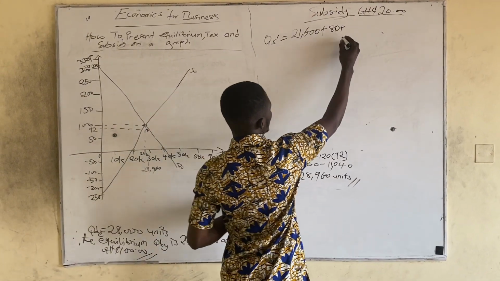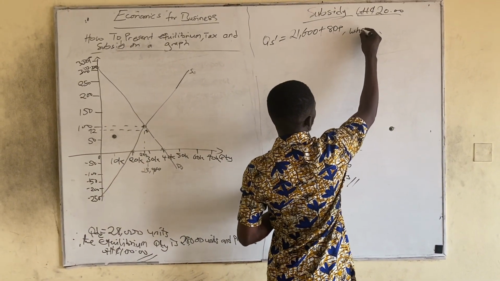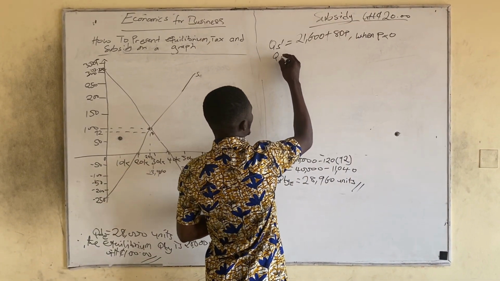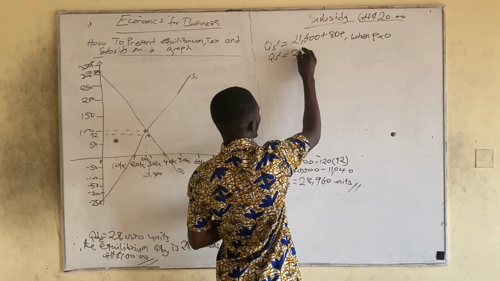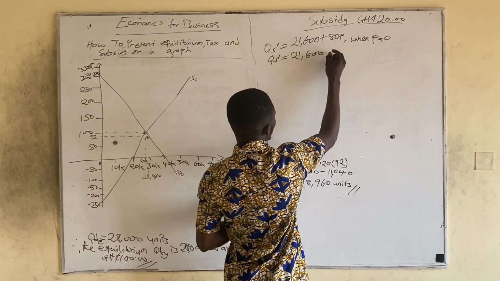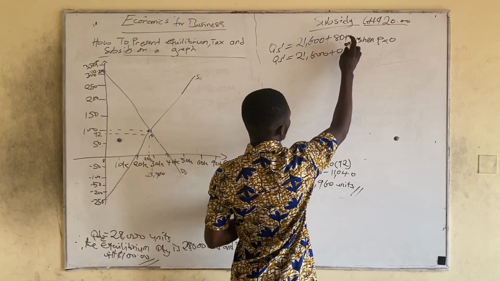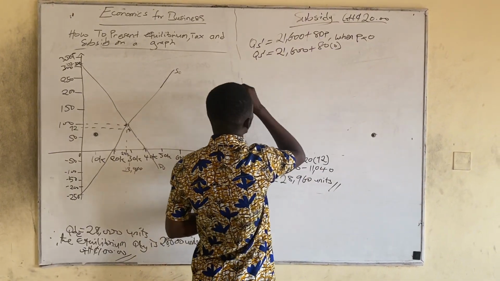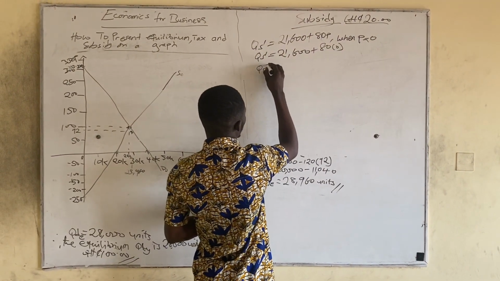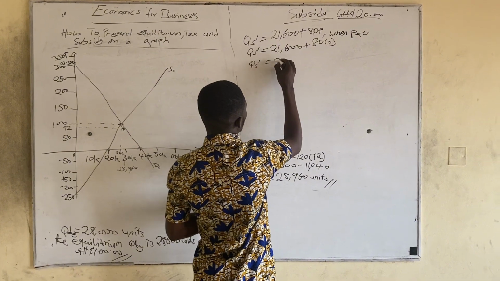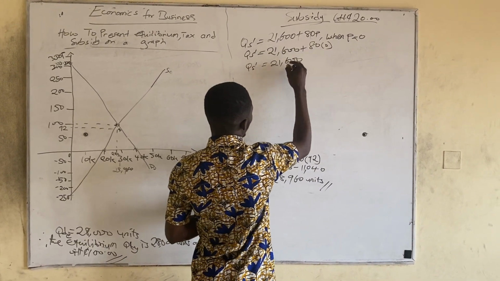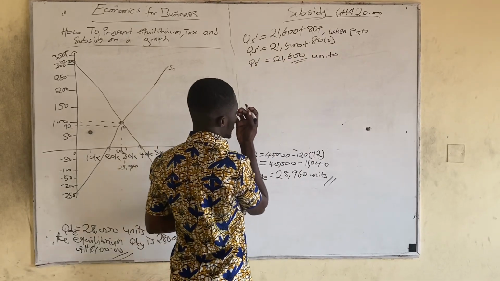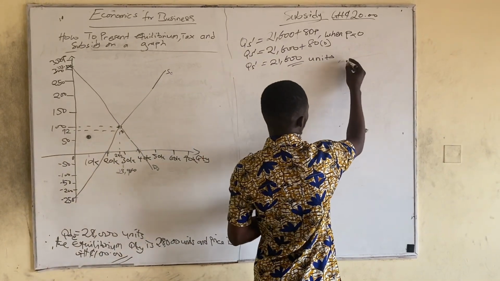So here you state when p equals 0, new quantity supply equals 21,600 plus 80 times 0. Okay, new quantity supply will be 21,600 units.